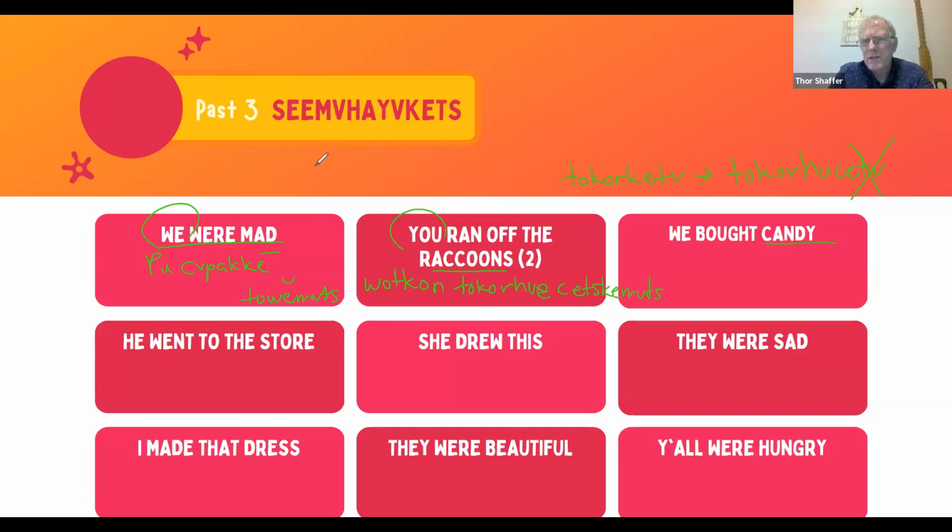Anybody know what the word for candy is? Jumba. Sweet thing, jumba. And then bought. So bought is nisida. Drop our ida. We have nis. We need the marker. We know it to be we.